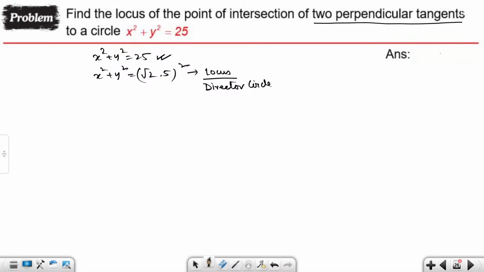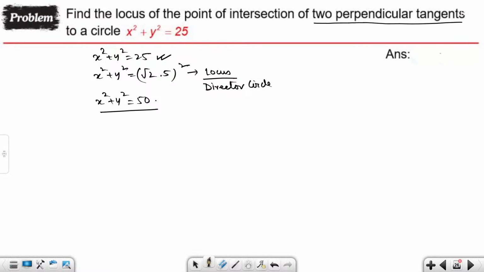Why will it be a director circle? Because the tangents are at right angles. That is why it will be a director circle. So its equation will be x square plus y square equals to 50. That's it. One line sum.